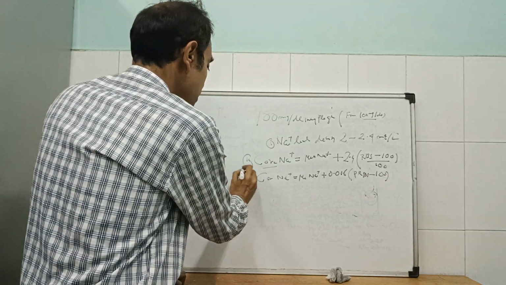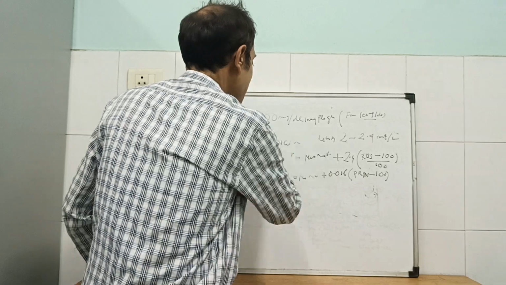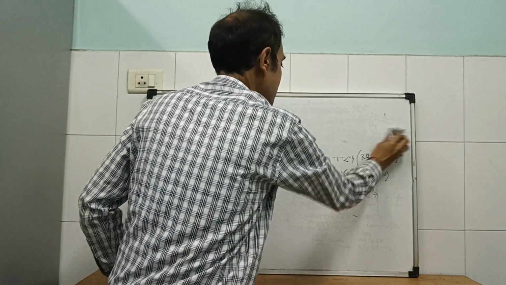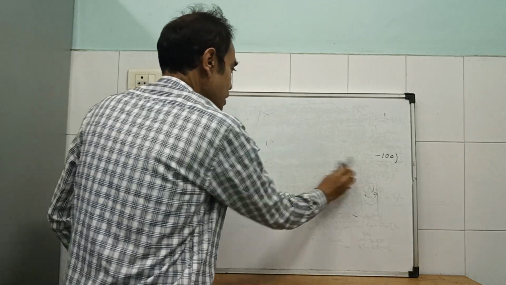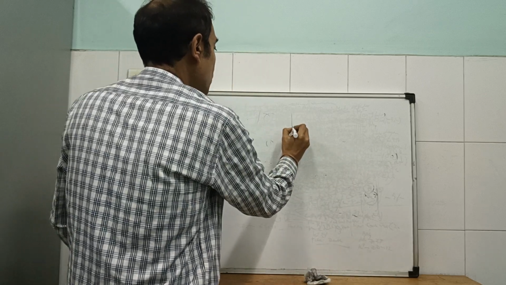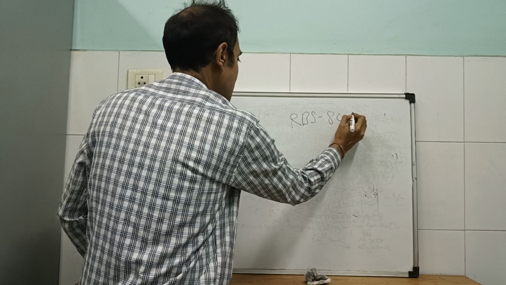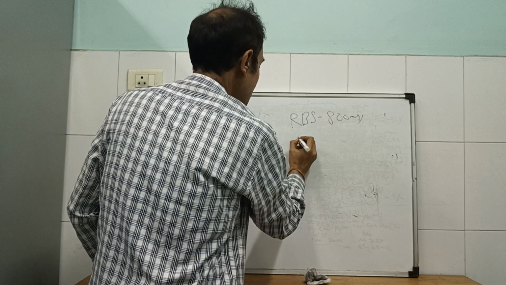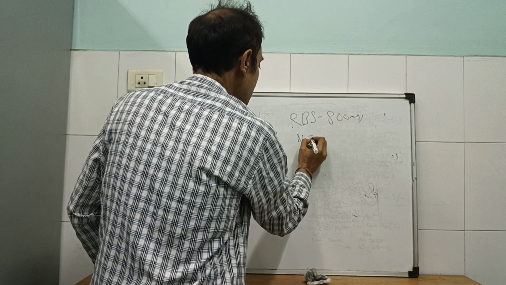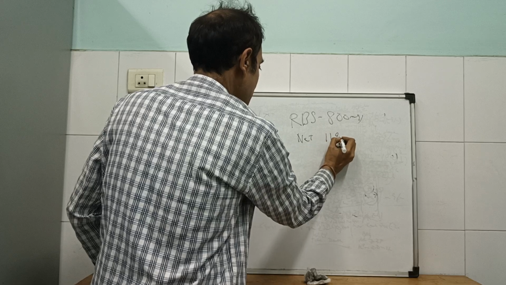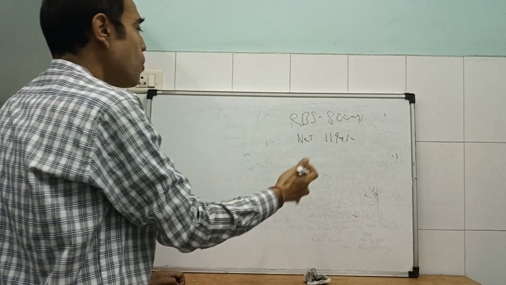So let us see our patient. The patient had RBS of 800. The sodium level was 119.